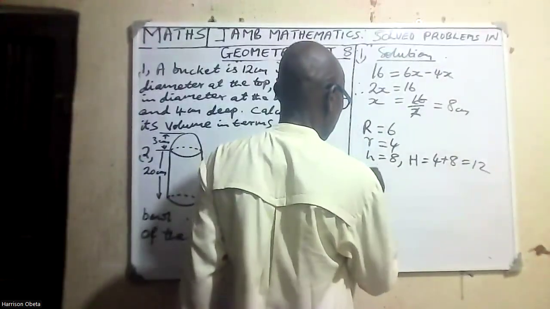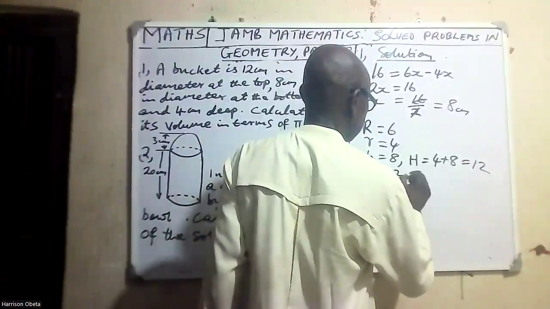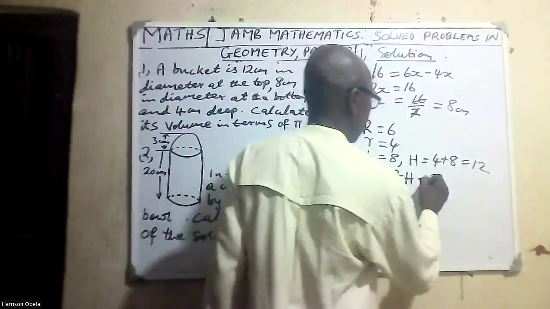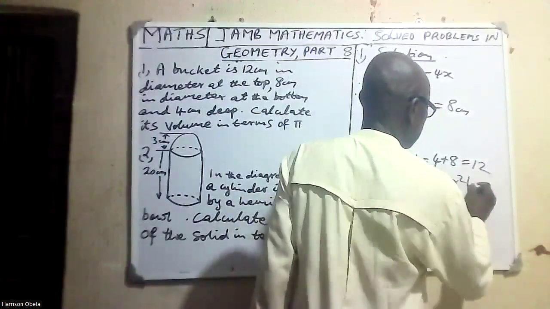So the volume should be 1/3 pi capital R squared H minus 1/3 pi small r squared h.